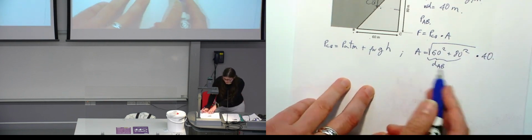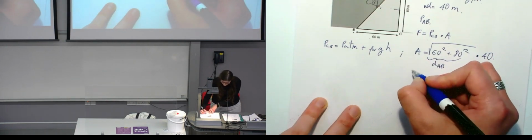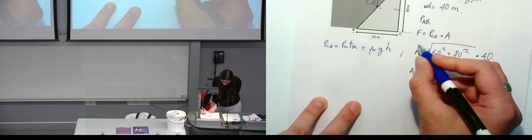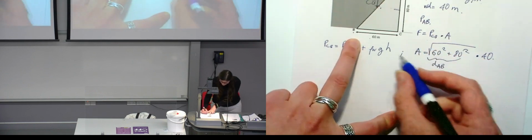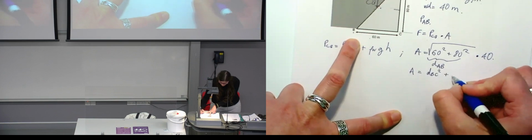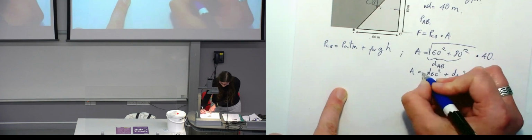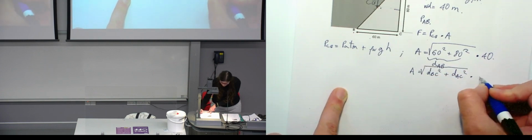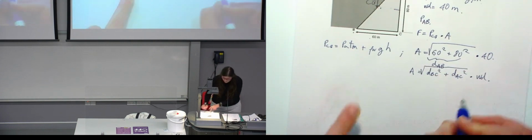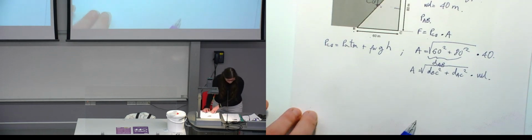I did this with numbers, but in symbols it is the square root of dBC squared plus dAC squared, multiplied by W.